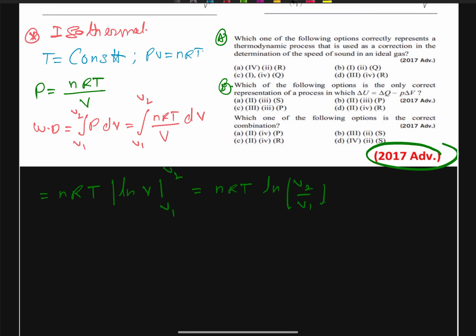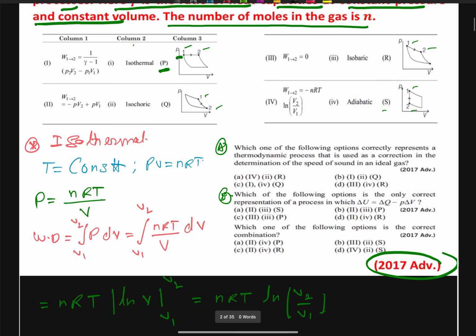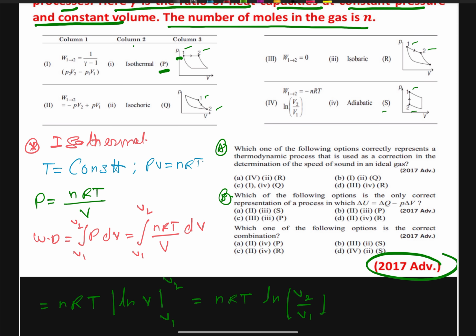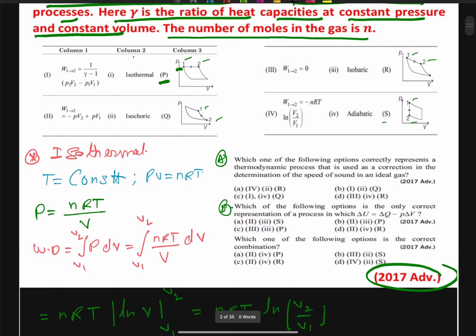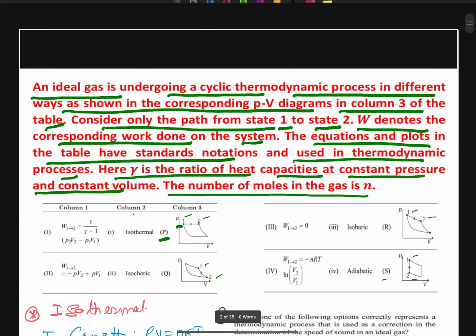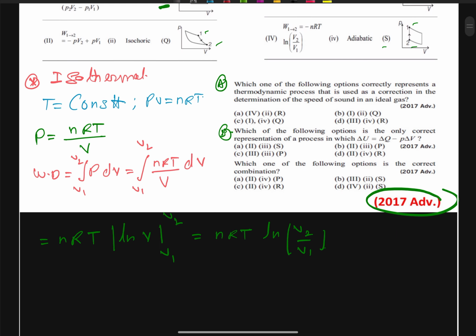Okay. So it means work done for the isothermal process is governed by this. In this case we have to find out the work done on the system, okay, or we can say by the system. So therefore this will be negative in nature.